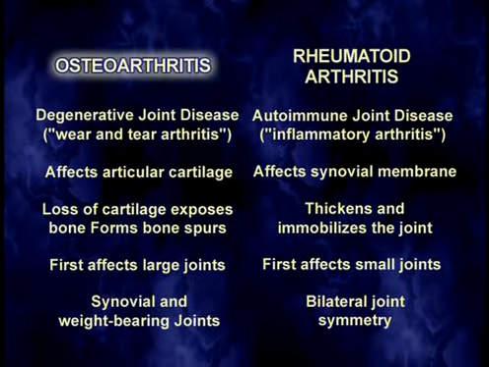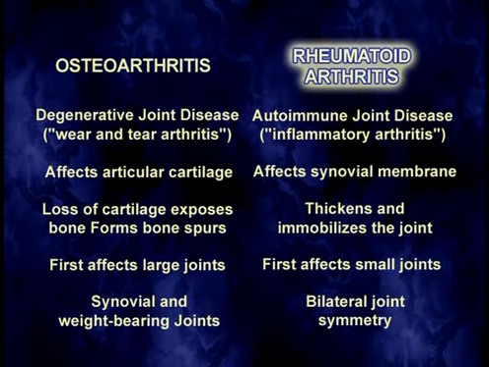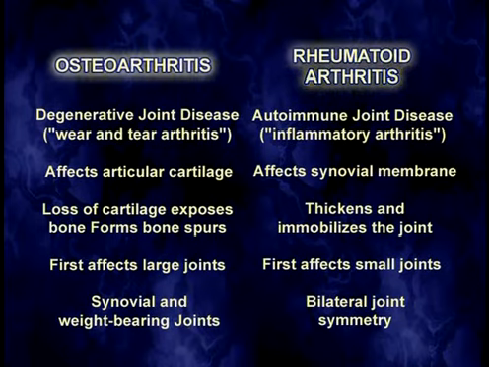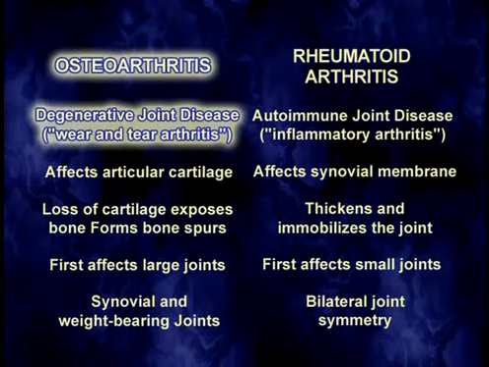One is called osteoarthritis, and the other is rheumatoid arthritis. They have major differences. It would be good to know these. Osteoarthritis is a degenerative joint disease. It's wear and tear on the joint. It comes from being an athlete or growing old or just living long enough. Your joints don't last as long as we might like them to last.